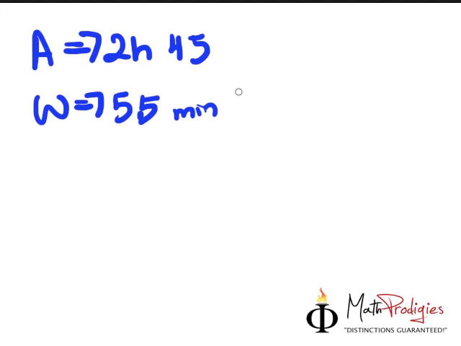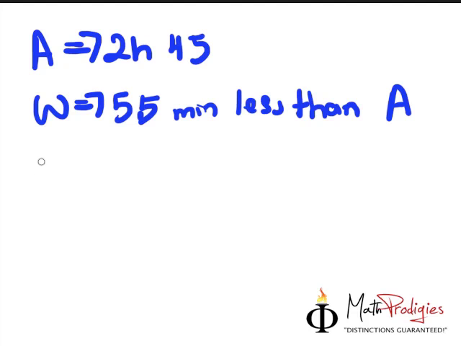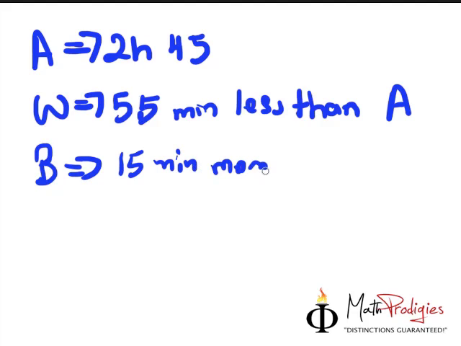Less than, I'm just going to write the letter, less than A, so that you know this is A. And lastly, we have Betty, who took 15 minutes more than Wilson. So Betty took 15 minutes more, then W.